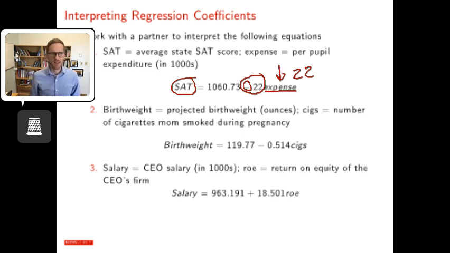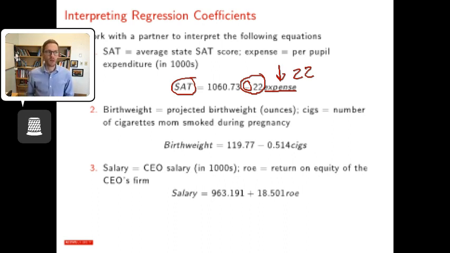The idea being that the more I spend on kids, the worse they do on the SAT. But remember, we're assuming that this includes everything. But this shows you how a simple linear regression fails to capture other variables that also influence SAT score and how much we spend on students.